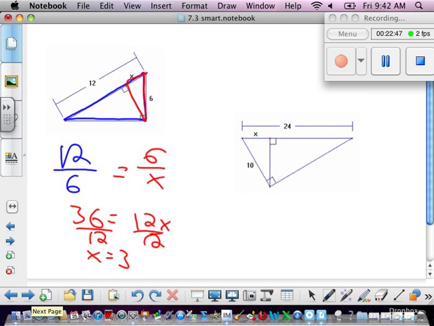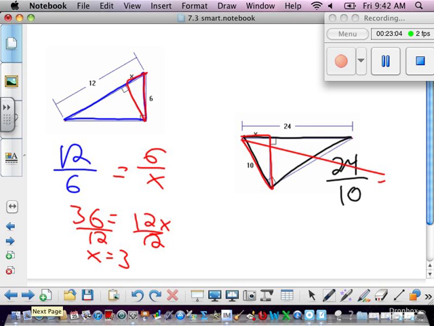Okay, so let's look at the black triangle. What's the hypotenuse for the black triangle? What's the leg? Okay, now I'm going to draw the triangle that I'm going to look at the inside. What's the hypotenuse? 10.